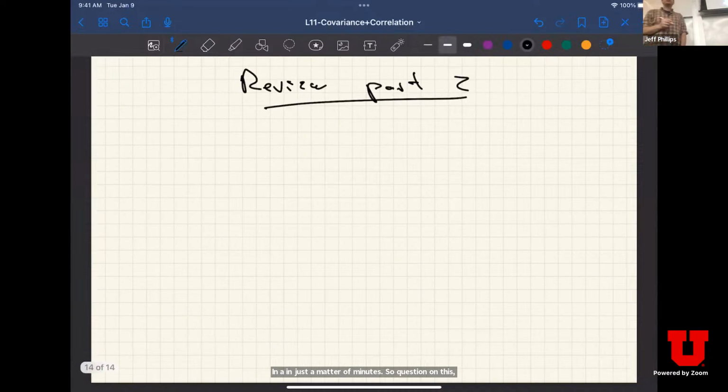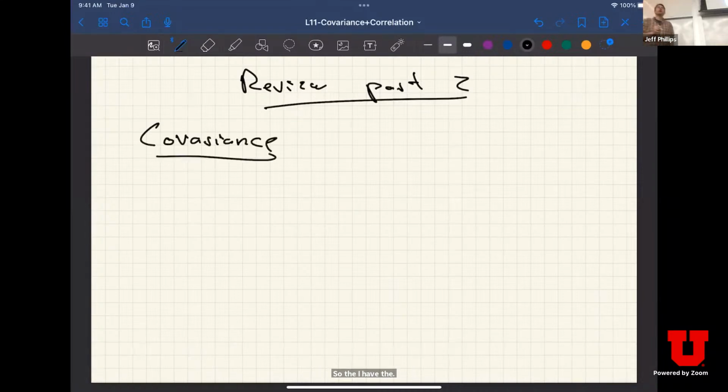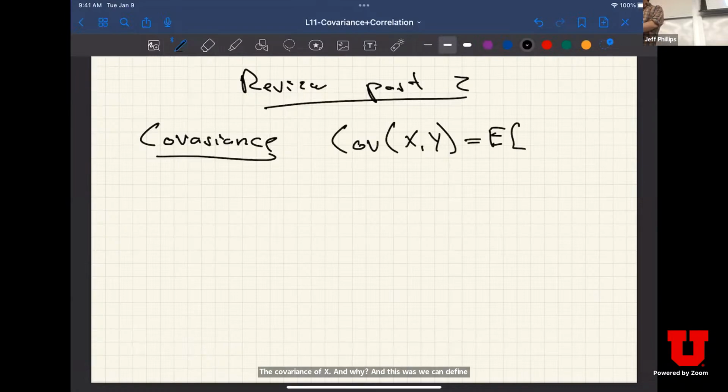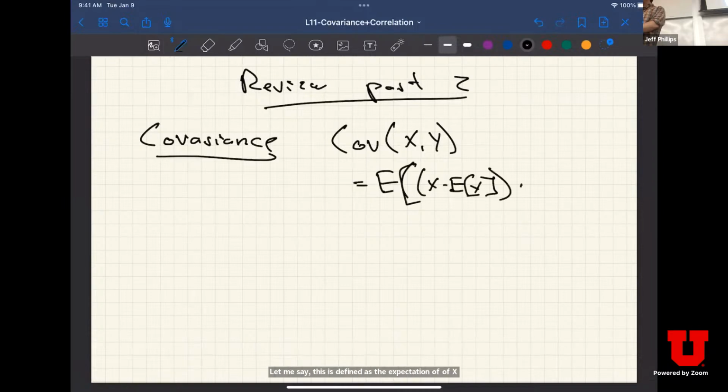Okay. Review part 2. The covariance, right? This is the first thing we talked about, the covariance of x and y. This is defined as the expectation of x minus expected value of x times y minus the expected value of y.